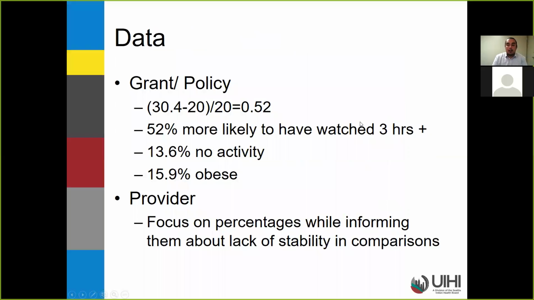It might be a specific situation where we need to instead just highlight the percentages by themselves in the way that they exist. So being able to just highlight the fact that 13.6% endorsed no activity in the last 7 days, and 15.9% were classified as obese.